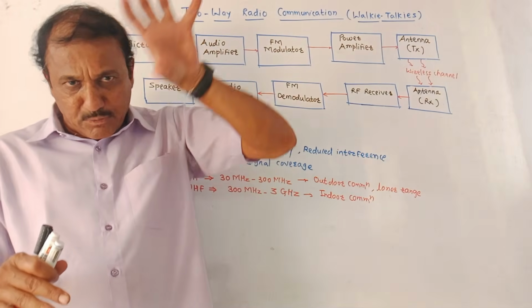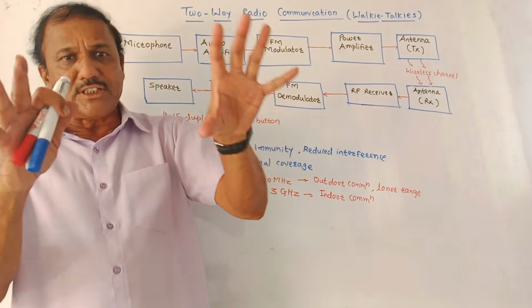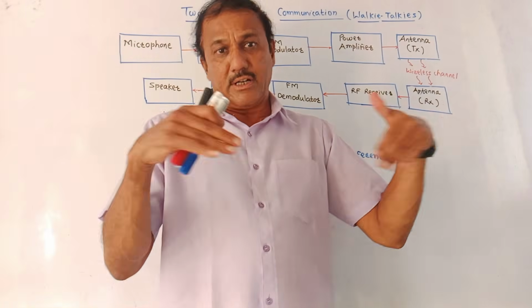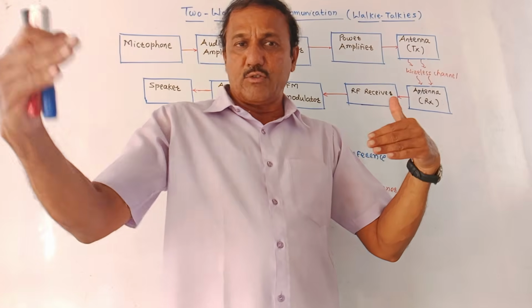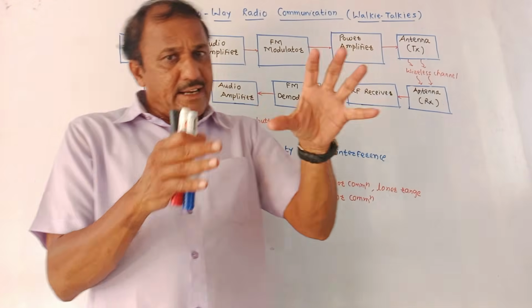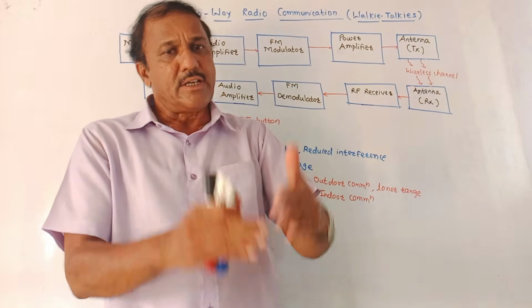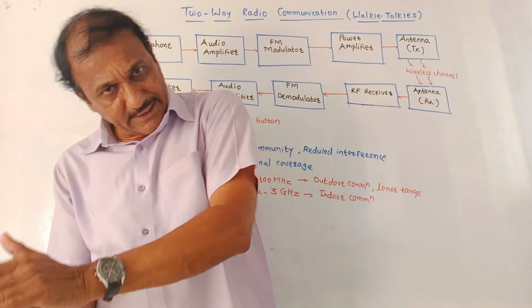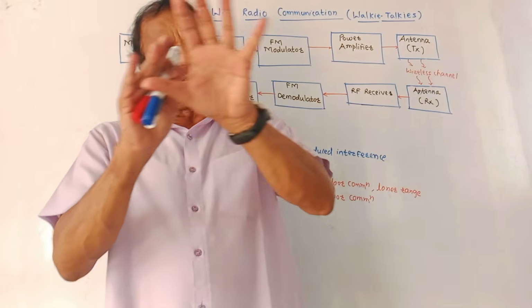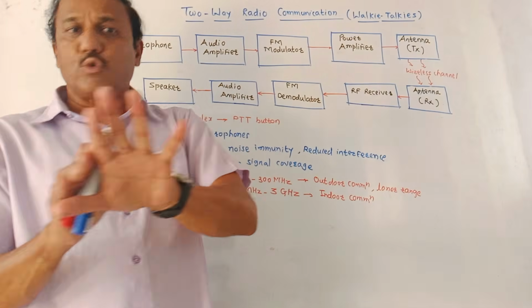These waves are transmitted through the free space. Free space is acting as a medium or a channel through which the waves are traveling. Then at the receiver side, again antenna is used to capture electromagnetic waves. These waves are converted into electrical signal, and again electrical signal is converted into the sound signal.